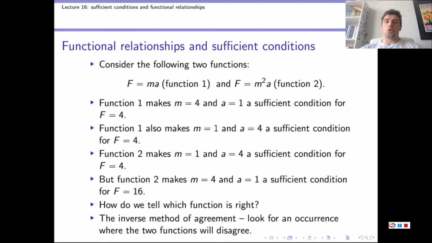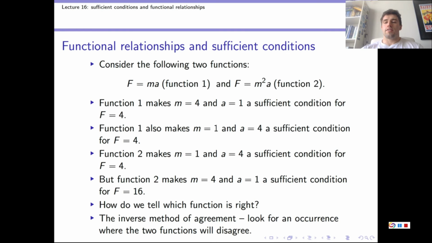So if f equals 4 is a physical property that's absent when the properties m equals 4 and a equals 1 are present, then those properties cannot be sufficient for f equals 4, and so function 1 can't be the right function.